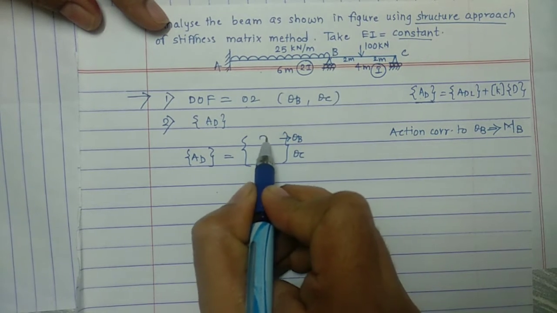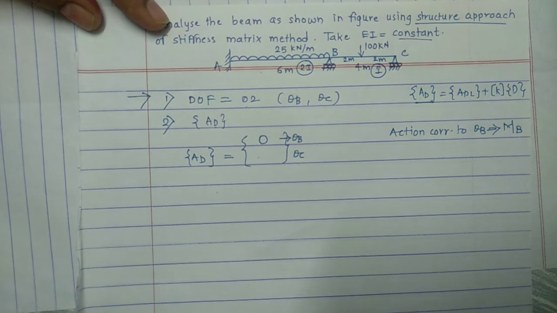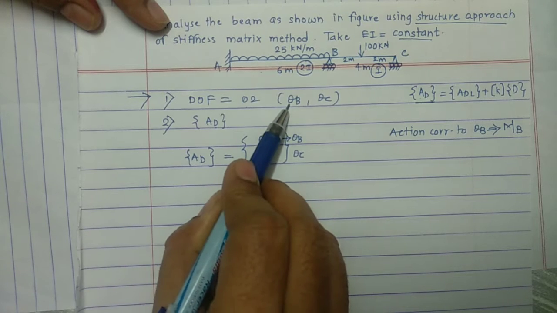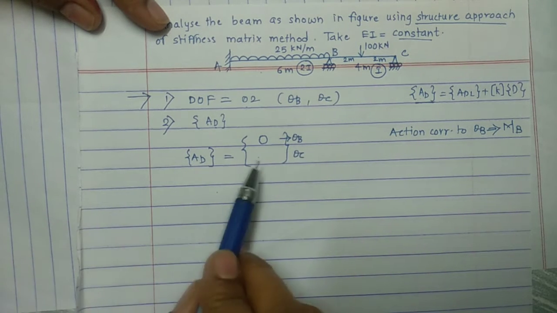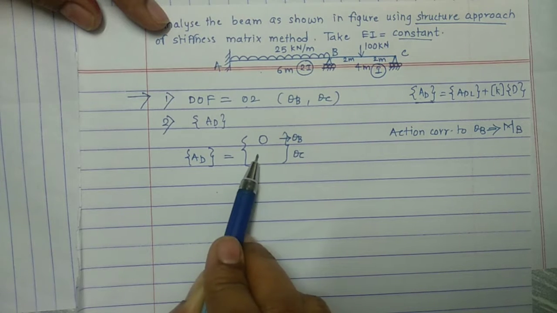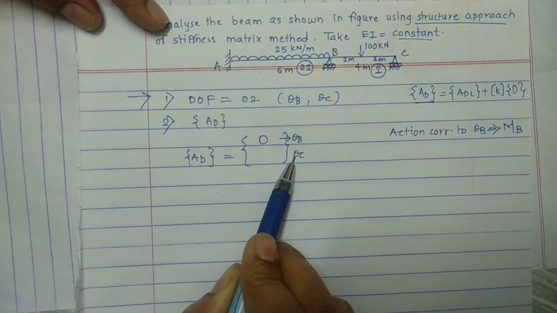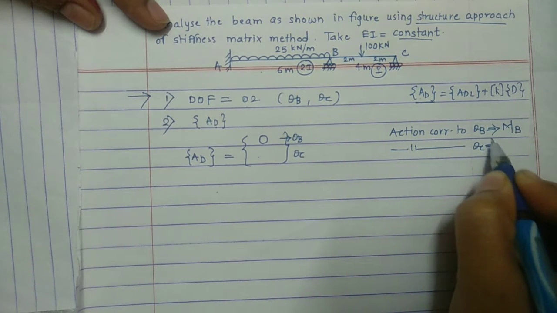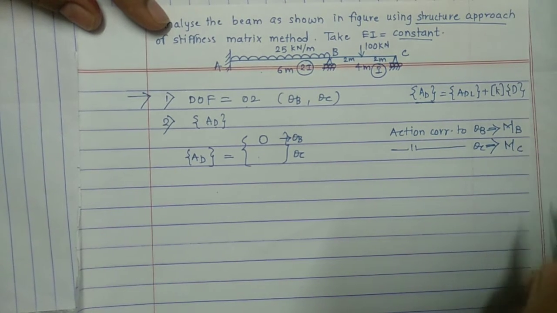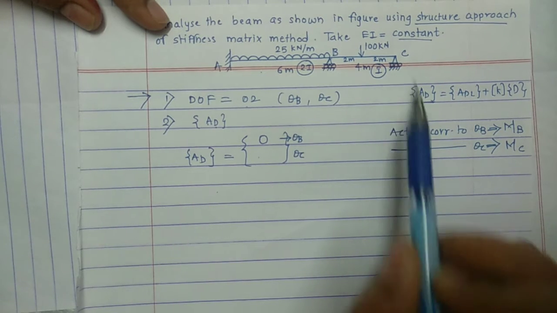No. So you write that element as 0. Theta B is the first unknown, theta C is the second unknown. Now the second element is the action corresponding to theta C, which is the moment at C in the original structure.